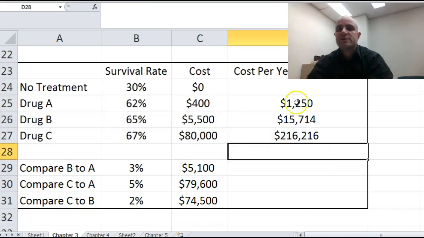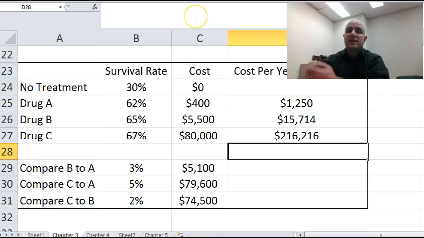Okay. So when we look at this, you can say, okay, what are my options? Cost per year of life saved can be $1,250 for drug A, $15,714 for drug B, and $216,000 for drug C.